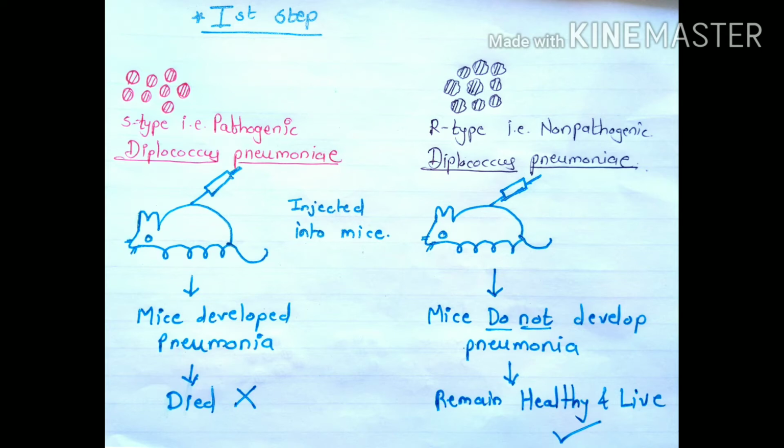And when R type bacteria were injected into the healthy mice, they didn't develop pneumonia and they remained healthy because R type is a non-pathogenic one. You can see this in the image. That means in the first stage of the experiment, the mice that were injected with the S type were killed and the mice which were injected with the R type remained healthy.